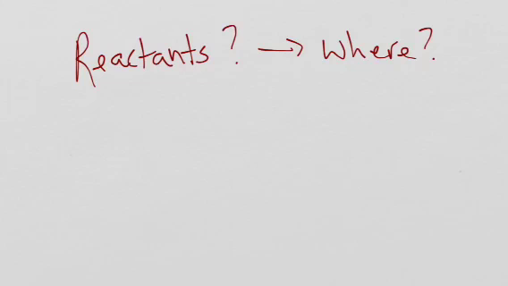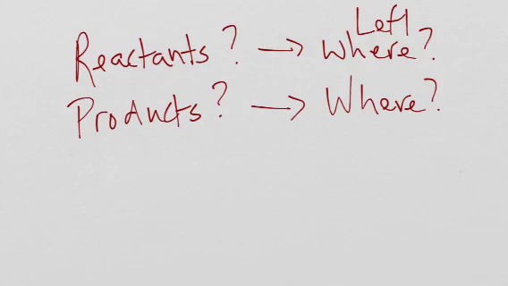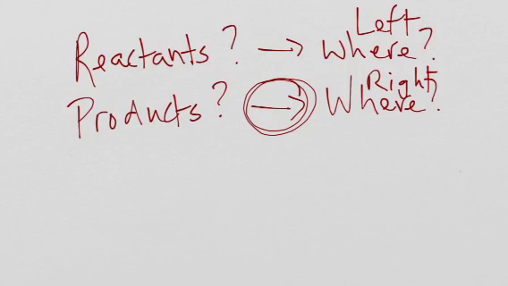I need you to understand what products are. I need you to understand where they belong. Okay? These guys are on the left. These guys are on the right of a chemical equation, right? They're on the right of this yield sign. Yes? I need you to understand that.